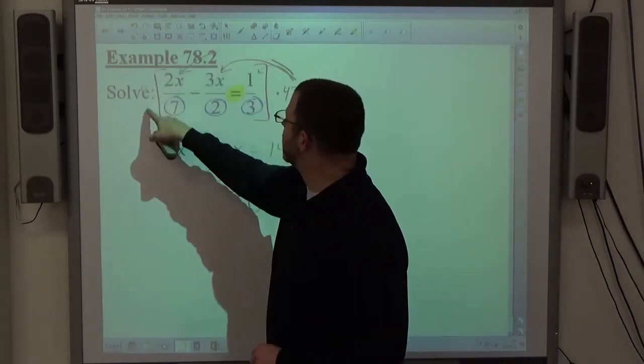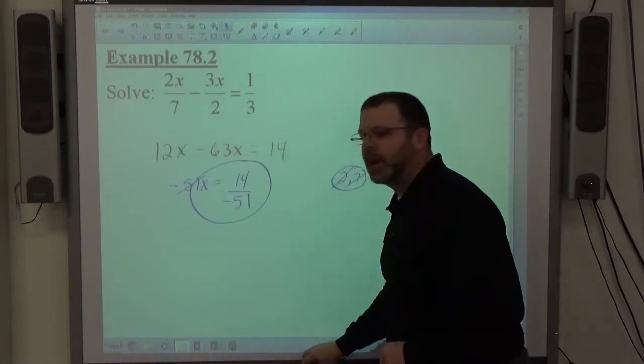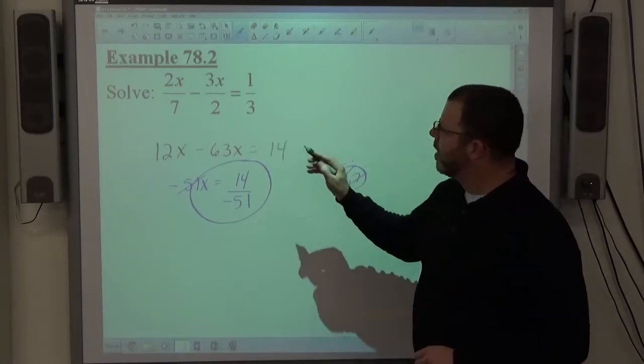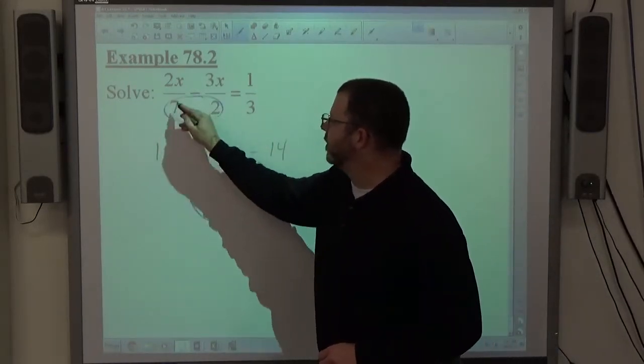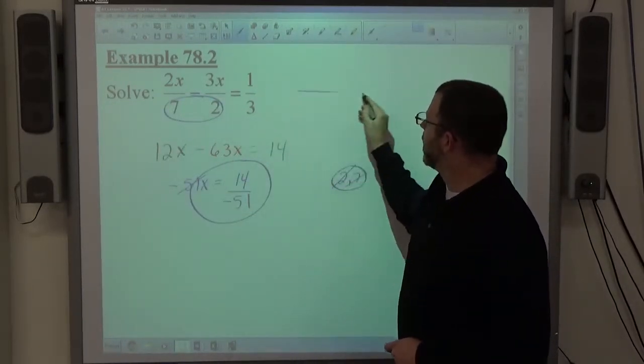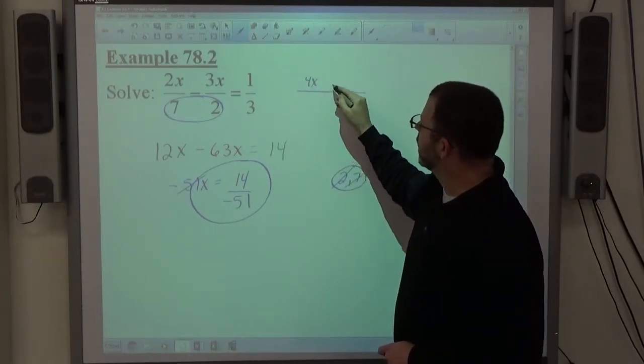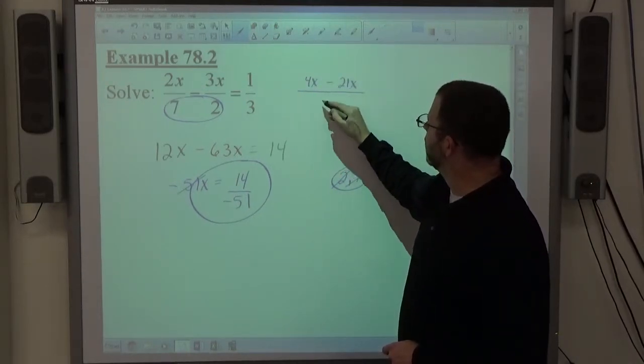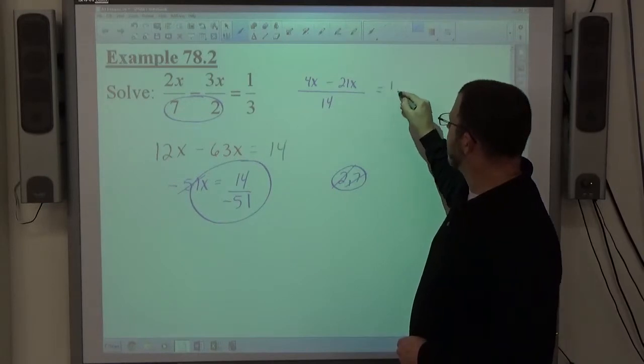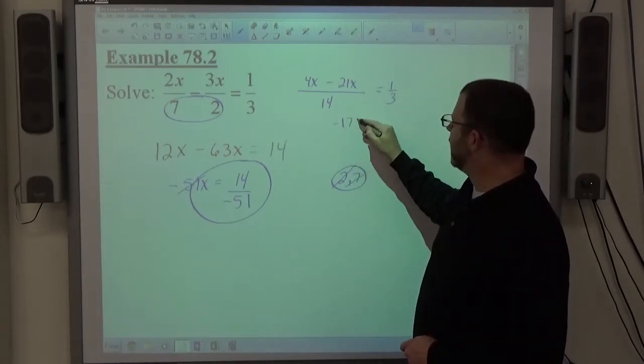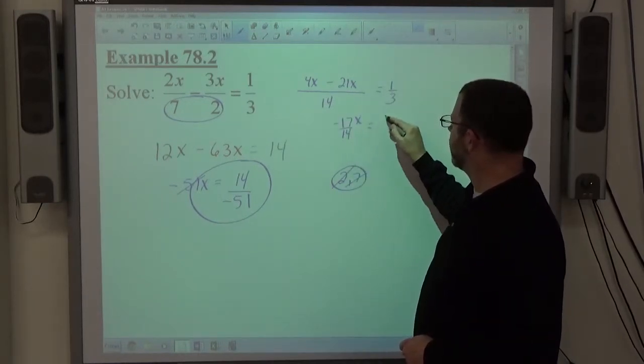Just to give you an idea, if I kept it all in fraction form, watch what happens. The common denominator of these two is 14, right? So I make this 4x over 14 minus 21x over 14 equals 1/3. So negative 17x over 14 is equal to 1/3.